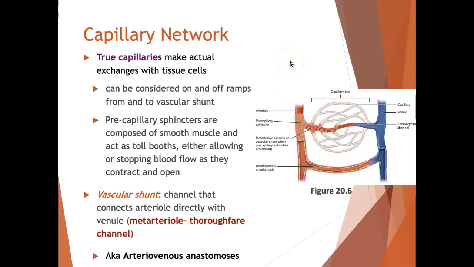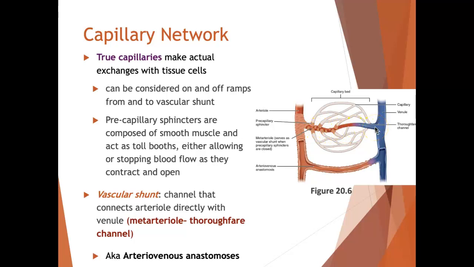When we have true capillaries, we can make actual exchanges within our tissue cells. So what that means is that we can either contract these precapillary sphincters and cut off this route out here and allow blood to move through in one direction.